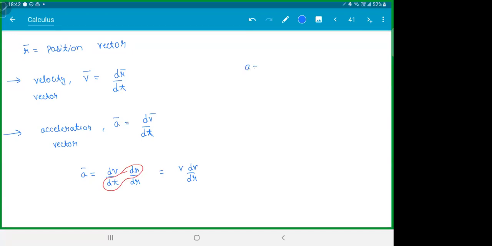The acceleration vector is dv by dt; use this when a is given in terms of time. And v dv by dr; use this when a is given in terms of position.